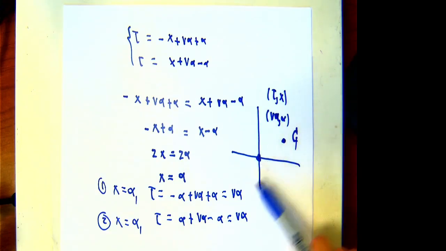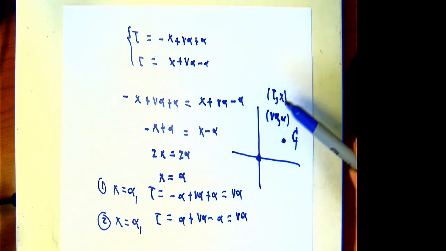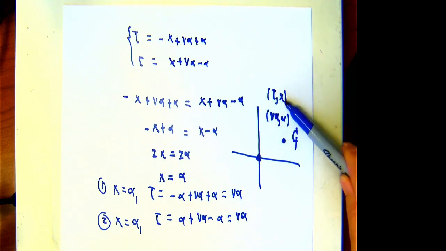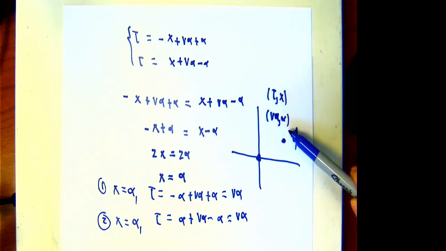This line, which is going to be the x-bar axis as observed by the unbarred observers, is a straight line that passes through the origin and passes through the point where the vertical coordinate is v alpha and the horizontal coordinate is alpha.